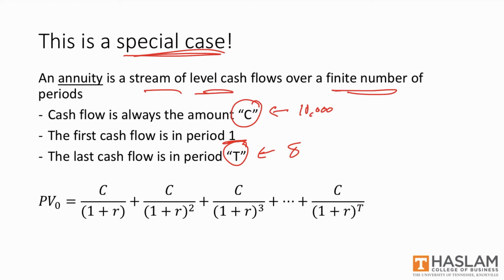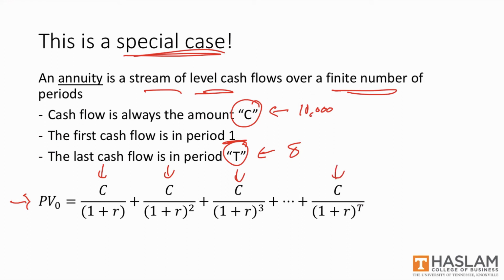All right, so with this in mind, here is a simplified version of a standard present value formula. Note two things. One, there are no subscripts on the C's, so all the cash flows are the same.